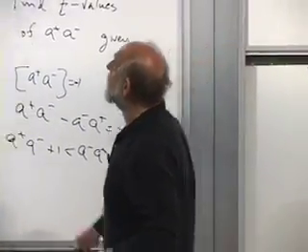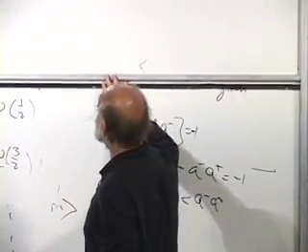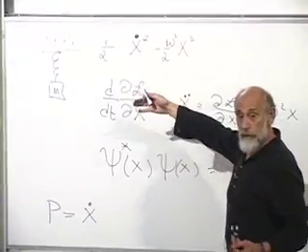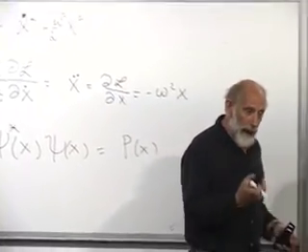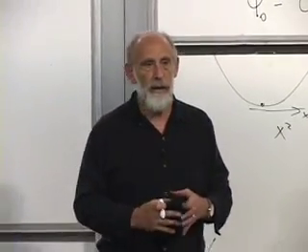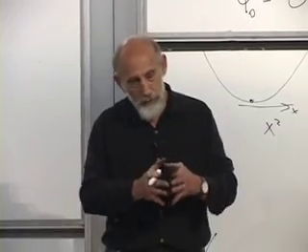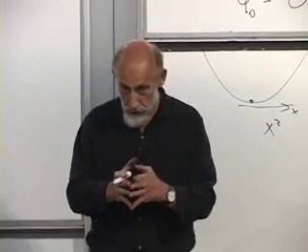Well, if you go back to the original definition of what omega is, the square of omega is the spring constant. The tighter the spring constant, the more tightly the oscillator is held to the origin. The more tightly it's held to the origin, the less spread the wave function will have.